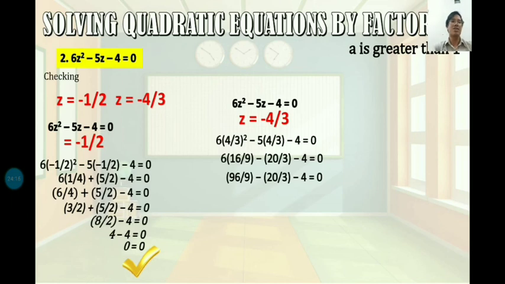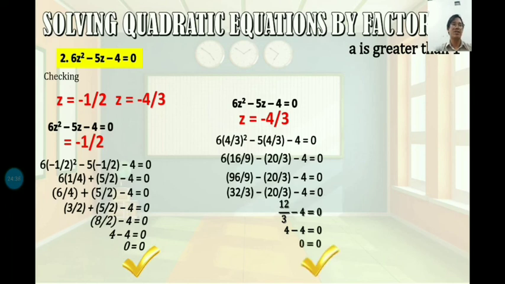So what is the lowest term of 96 over 9? Yes, that is 32 over 3 minus 20 over 3 minus 4. Is that equal to 0? Check natin. So 32 minus 20, 12. 12 over 3 minus 4 equals 0. So 12 over 3 is 4. Then 4 minus 4 is equal to 0. So therefore, x as 4 over 3 is also correct.